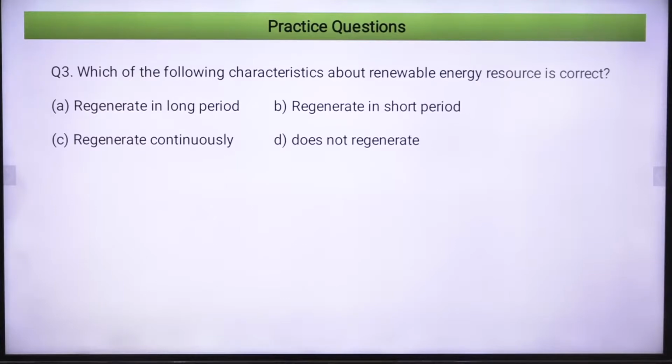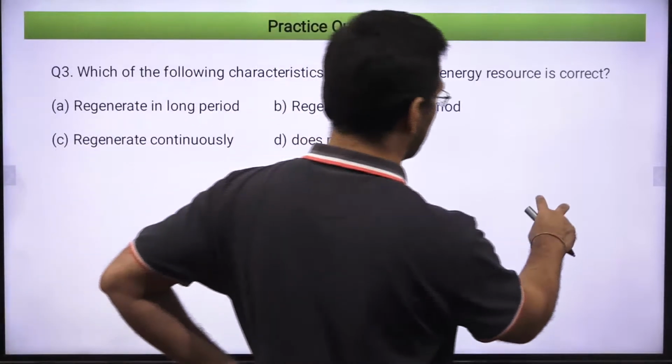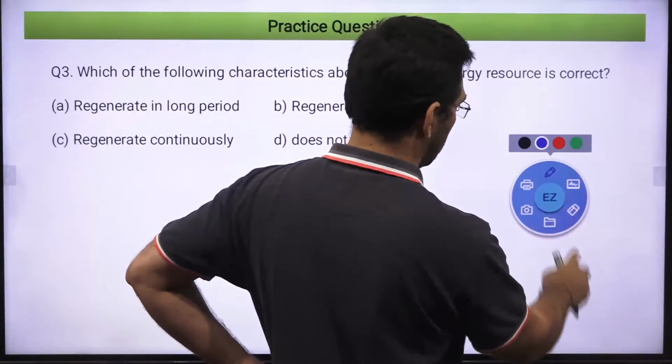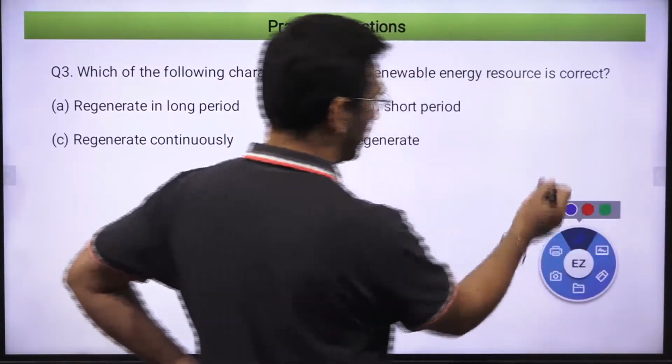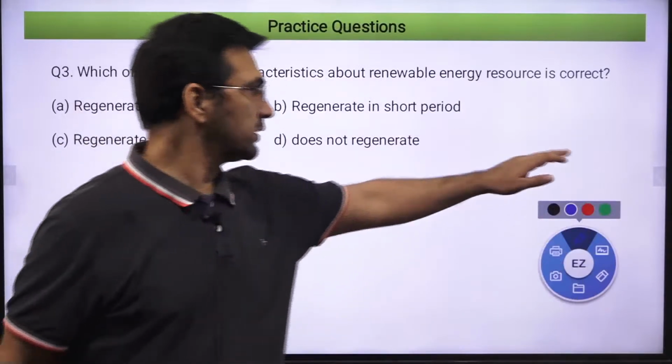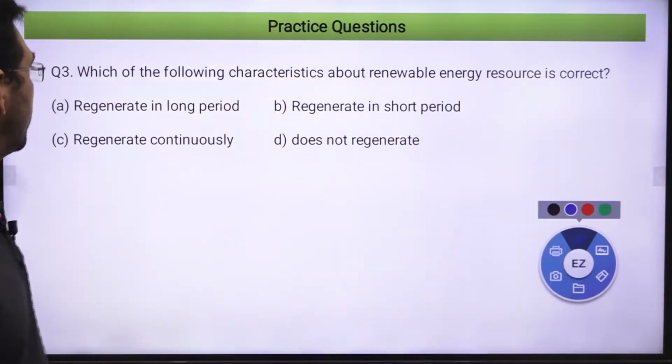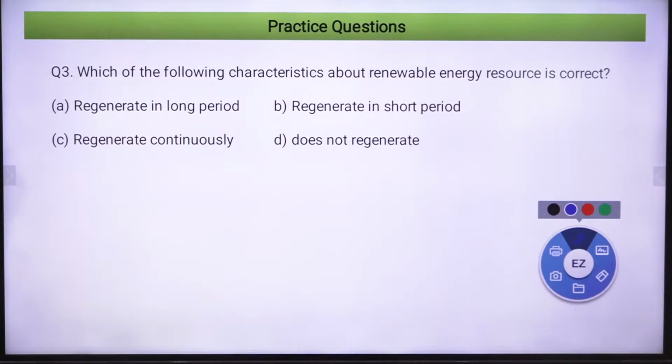Basically, this question tries to check whether you understood the meaning of renewable energy, or simply crammed it. Now see, the options given to you: regenerate in long period, regenerate in short period, does not regenerate, regenerate continuously, something that way.